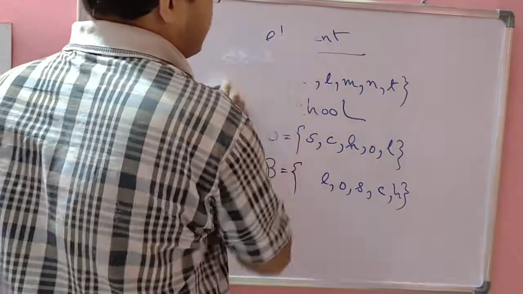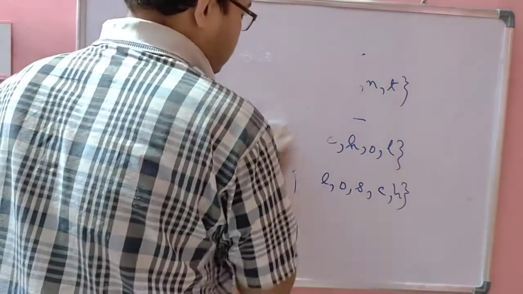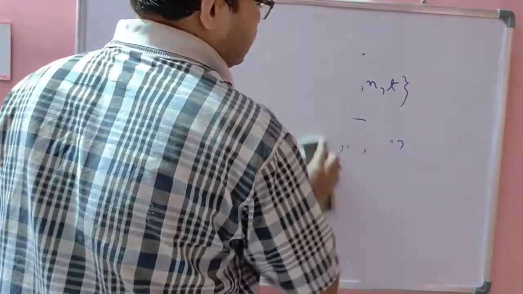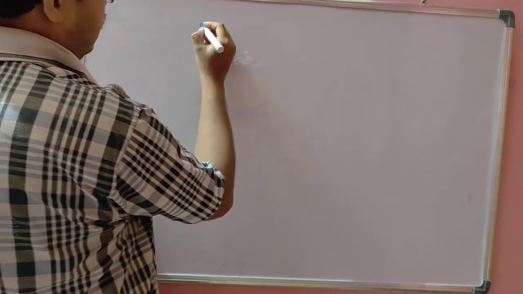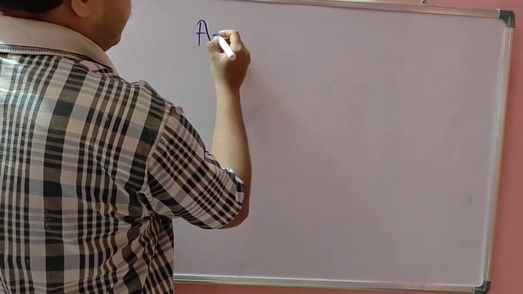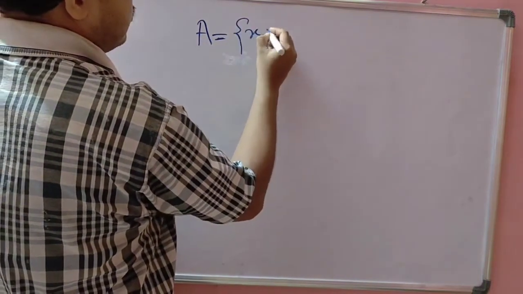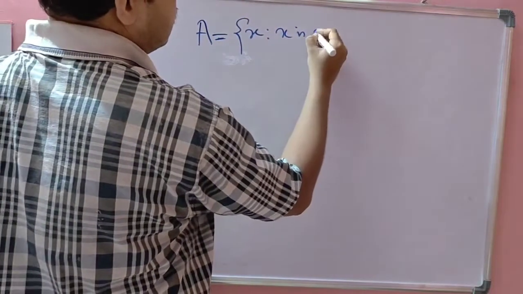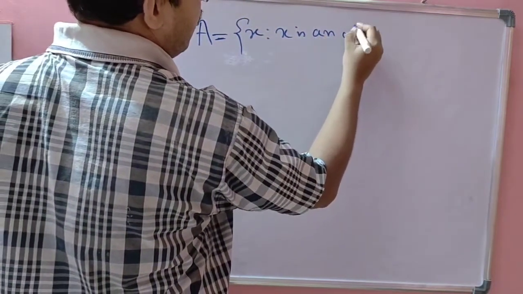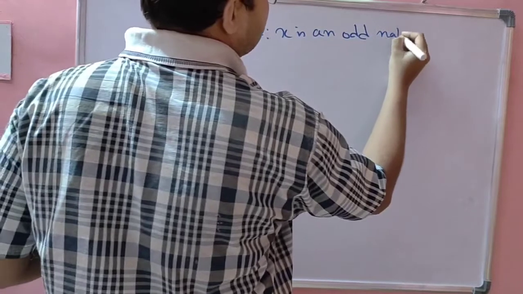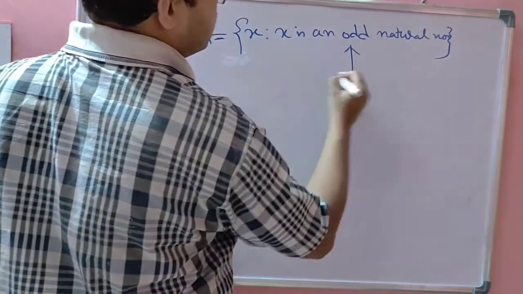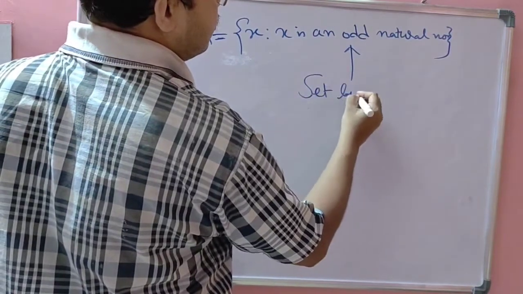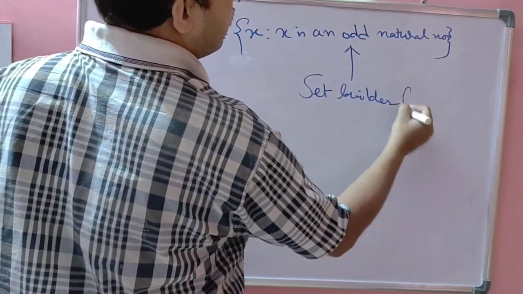So we are talking about some infinite sets. How will we represent them? Suppose A is a set: X colon, X is an odd natural number. This is set builder form.